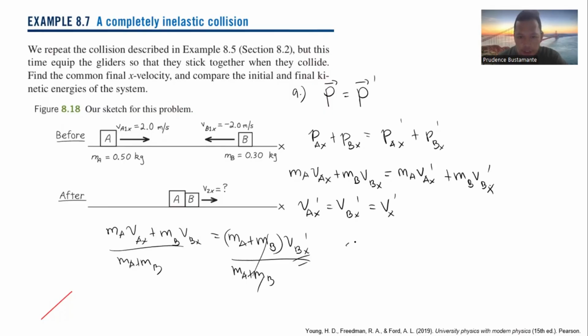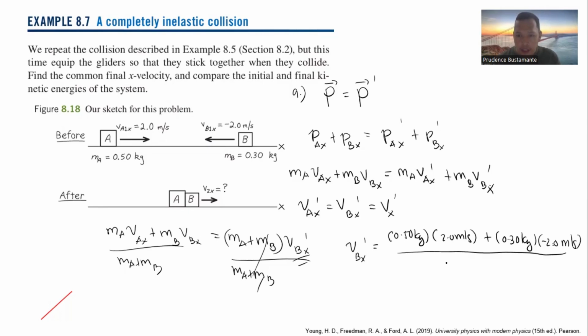Therefore, your VBX prime is equal to MA, which is 0.50 kilograms, times the initial velocity, plus the negative 0.30 kilograms times negative 2.0 meters per second, over 0.50 kilograms plus 0.30. So how much should that be?